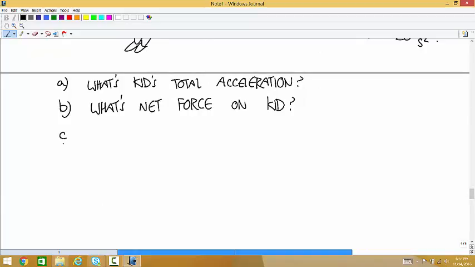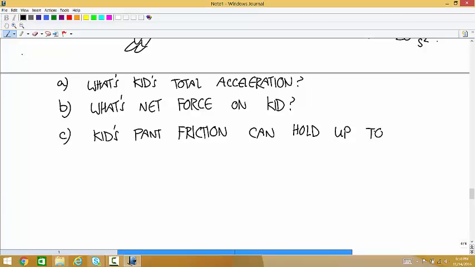And third, the kid's pant friction can hold up to a horizontal force of, let's say, 100 newtons. And so the question is, will he stay on?